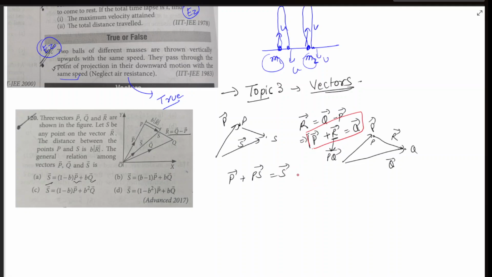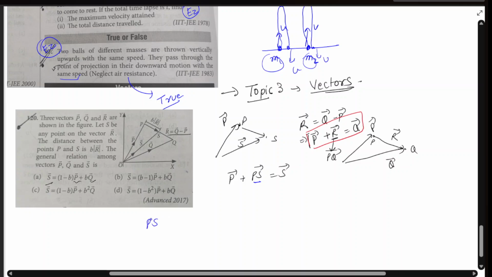Perfect. So this is our first. Okay, let's do one thing here. I have to write PS. So the magnitude of PS is what? BR. The magnitude of PS vector is given as BR magnitude. And the direction of PS is R cap. So how can I write PS vector from here?